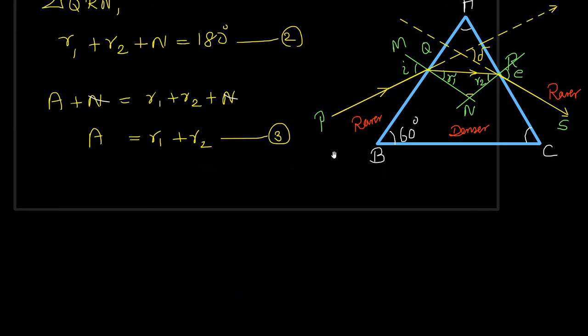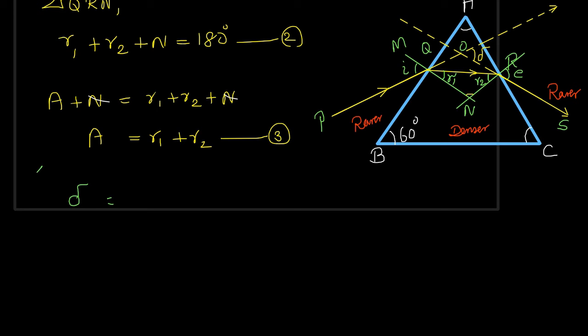Now let us try to find an expression for the angle of deviation. What is the angle of deviation? Delta. Look at the triangle. I just name this point as O. Look at the triangle OQR.